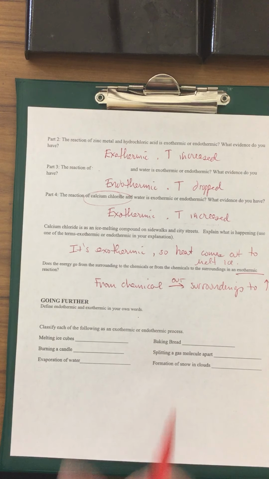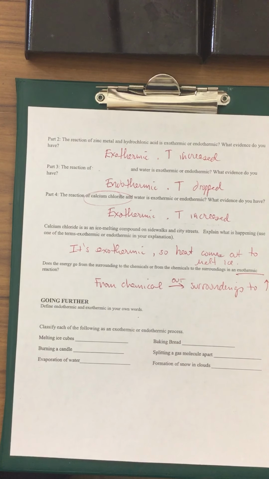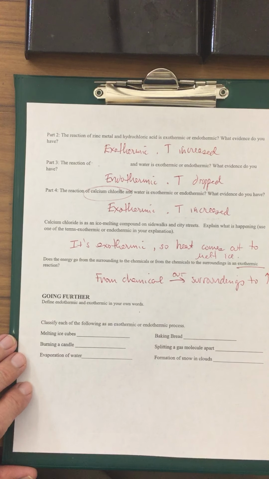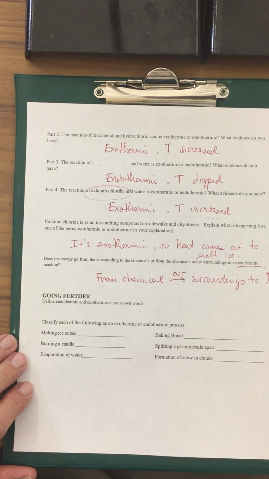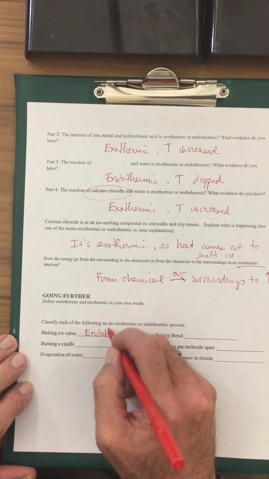So let's take a look at each of these right here. Classify them as exothermic or endothermic processes, meaning that does it release heat or does it require heat? Melting ice cubes, is this endothermic or exothermic? It is endothermic.